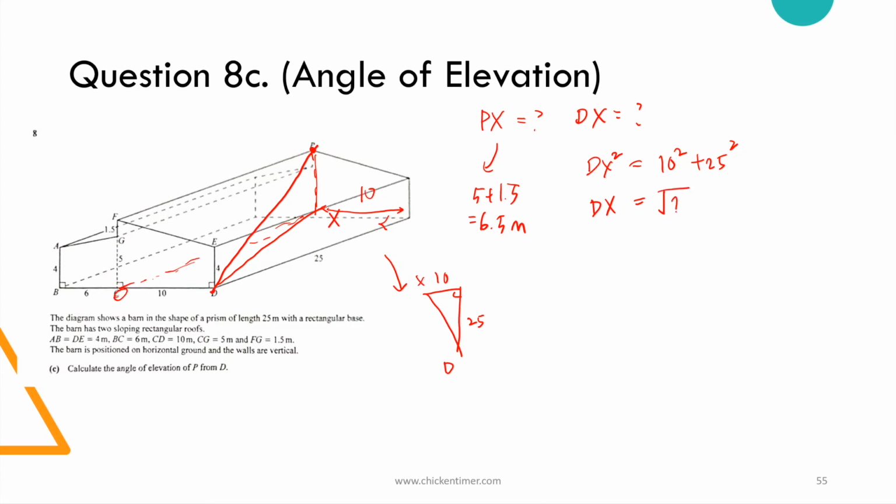So it's root 725. So dx is root 725 here. Then the height is 6.5. So the angle of elevation is this angle here.